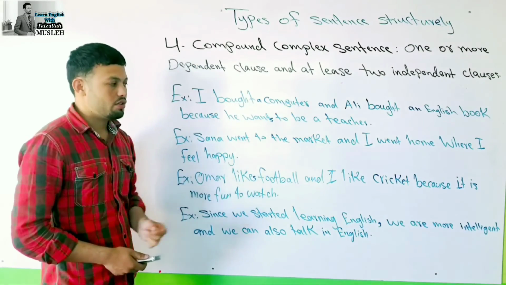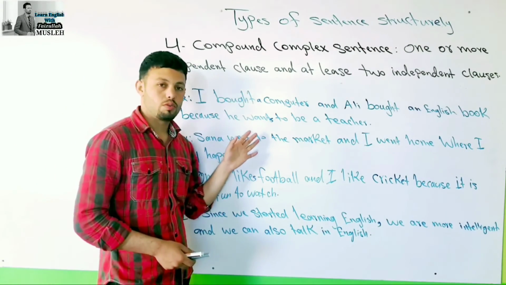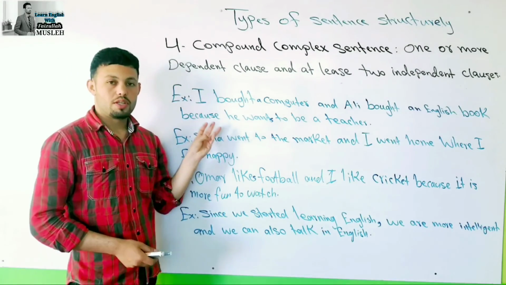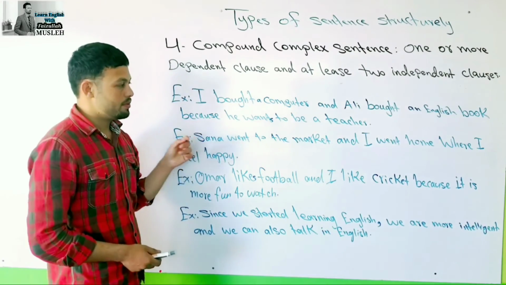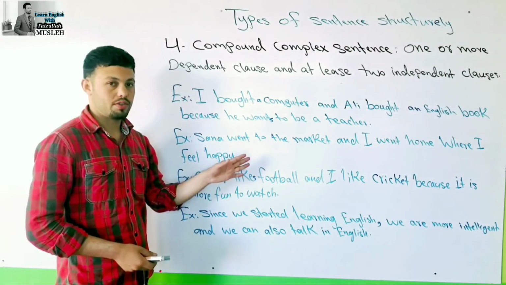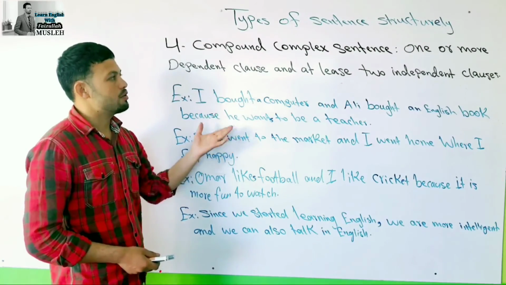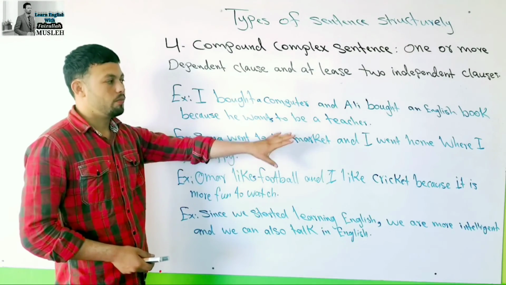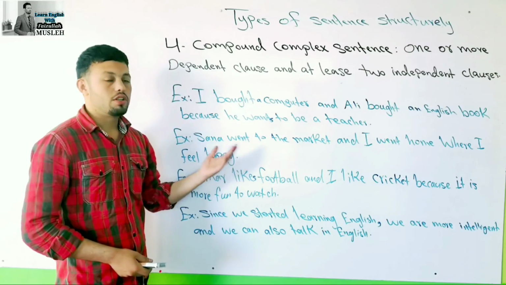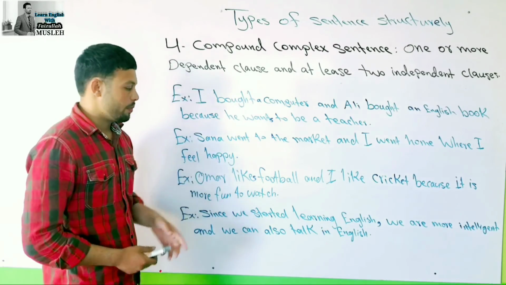But these sentences are for those people who want to write books. Mostly in daily life we use simple, compound, and sometimes complex sentences. Compound complex sentences are high level sentences which are mostly used in writing books.